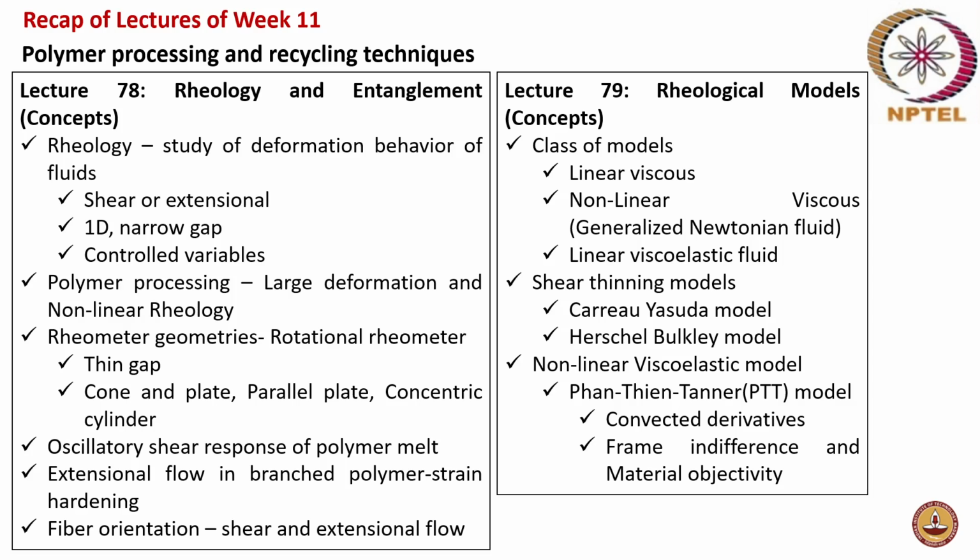This was followed by a discussion on oscillatory shear response of polymer melt and extensional flow response in case of a branched polymer, especially a comparison between HDPE and LDPE, and strain hardening in case of LDPE was discussed. And then, how is the fiber orientation in case of shear and extensional flow? So, this was also discussed.